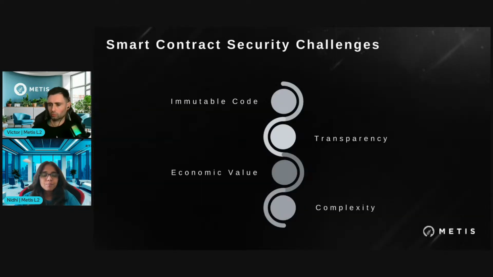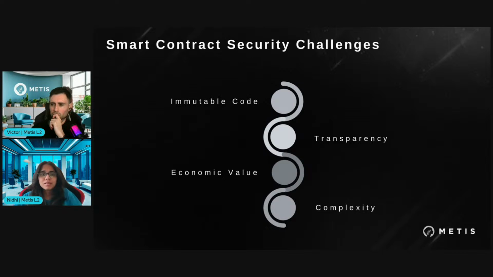Let's look at the smart contract security challenges. First up is immutability. Among the key challenges in smart contracts, immutable code is one of the most important. Once a smart contract is deployed, as I just said, it is set in stone.